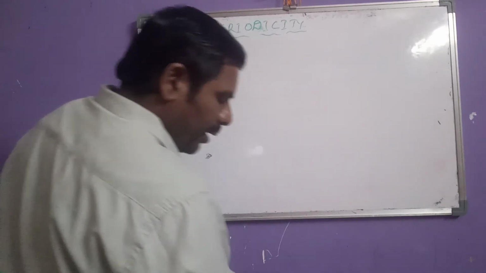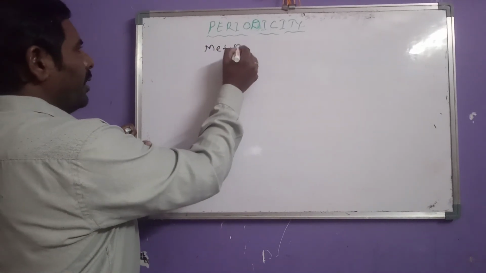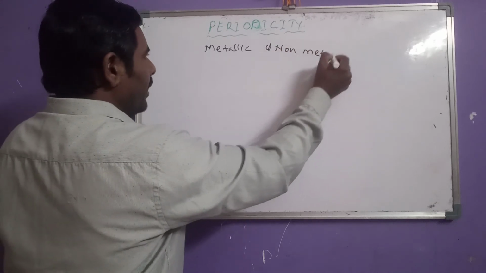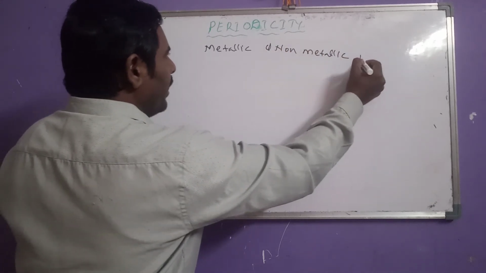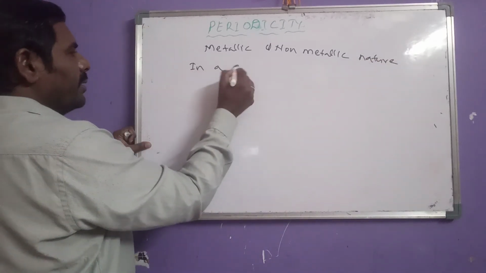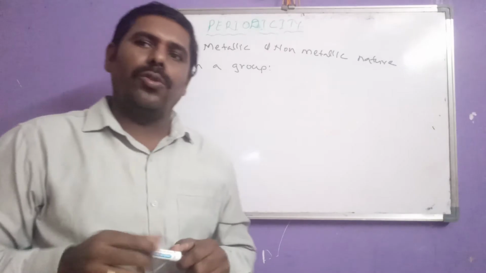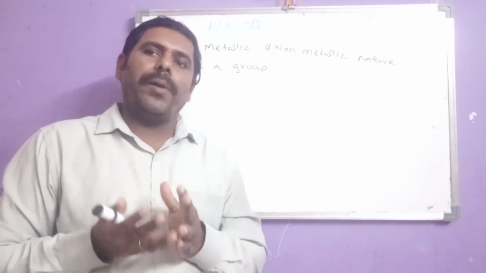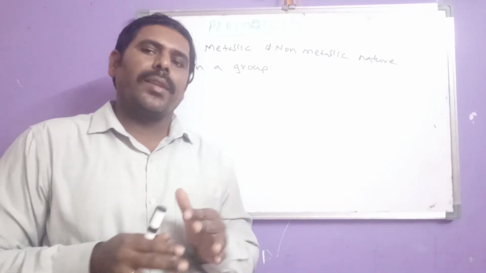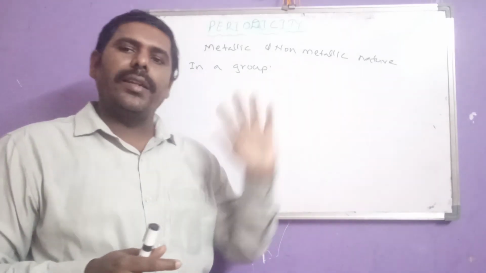Okay, then metallic and non-metallic nature. Let us see what happens to metallic and non-metallic nature in a group and in a period. First, one thing we have to remember: electropositive character represents the metallic nature, and electronegative character represents the non-metallic nature.